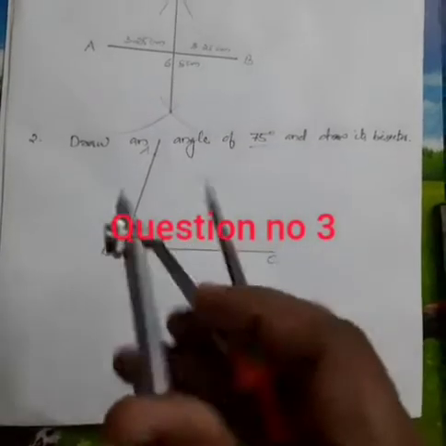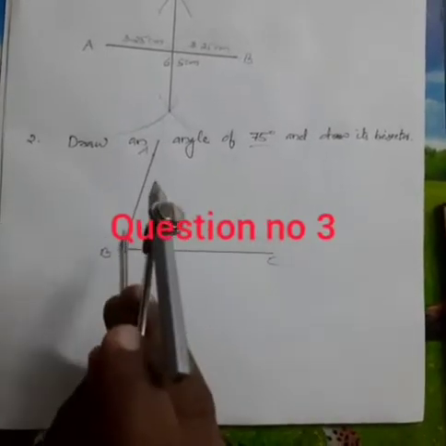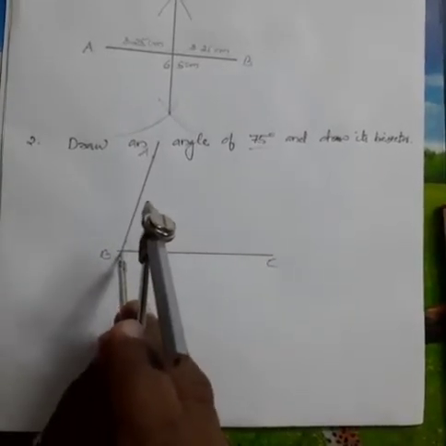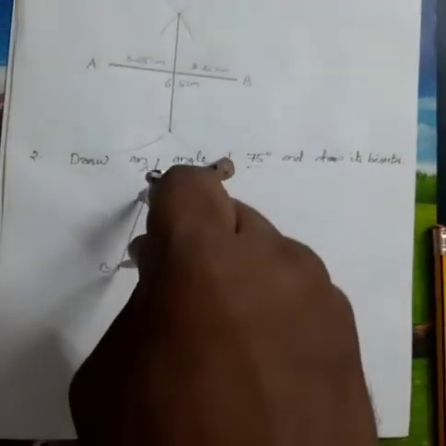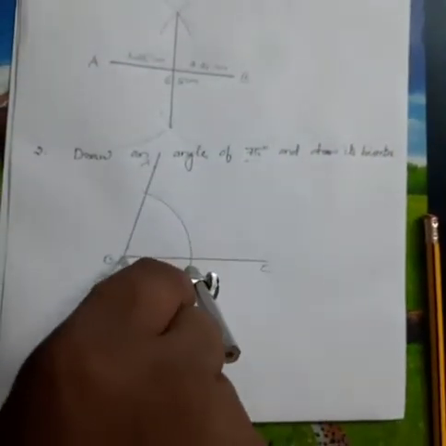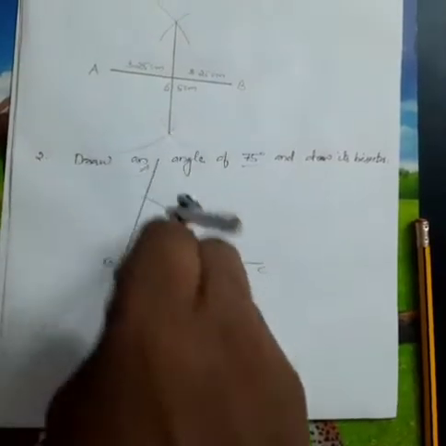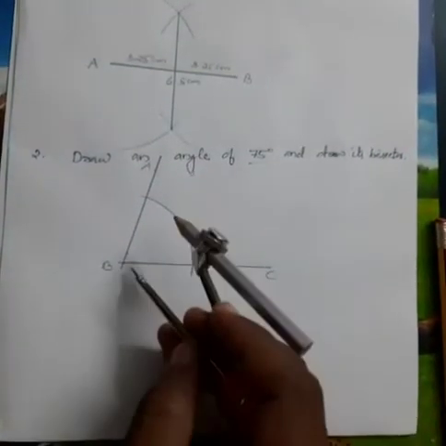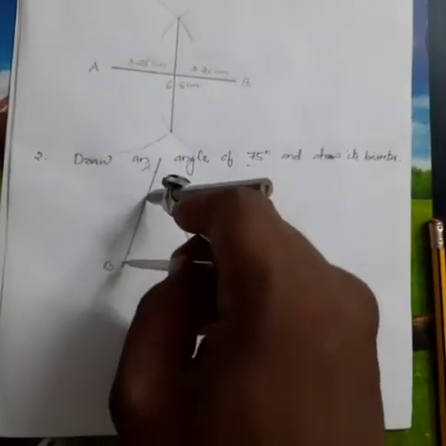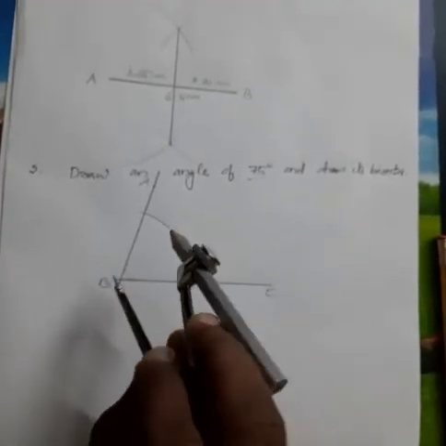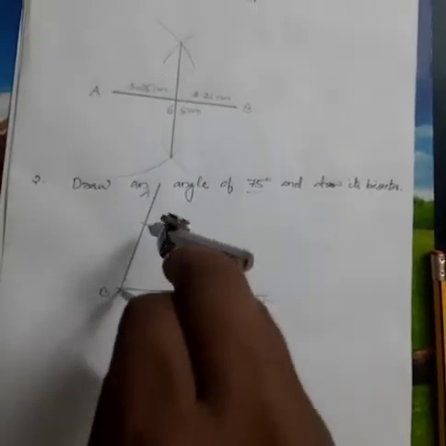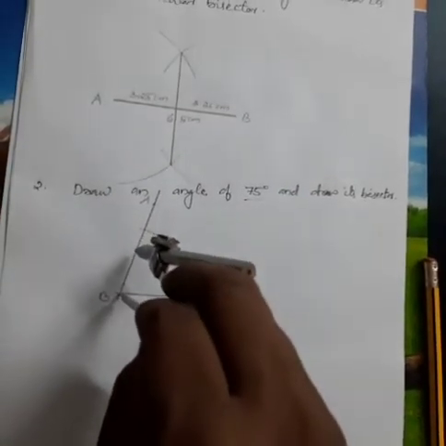For drawing the angle bisector, first you have to draw an arc from B. Draw an arc like this. See, from any measurement, draw an arc. Next, you have to take half of this arc, half the length of the arc.